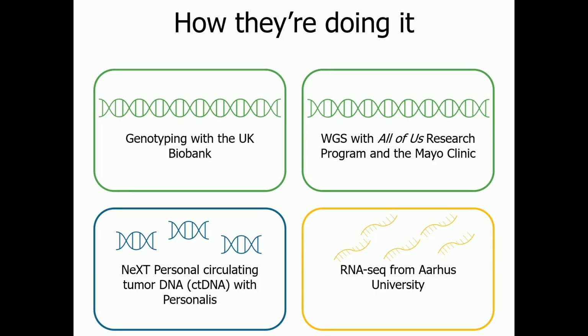Four such examples from around the world are that the UK Biobank uses it as part of their large-scale genotyping efforts. The All of Us research program and the Mayo Clinic Biobank are using it as part of their whole genome sequencing workflow as they attempt to recruit at least 1 million participants into a health research resource. Personalis Inc. is using it as part of their validation efforts for Next Personal, which is an ultra-sensitive personalized assay for detecting circulating tumor DNA.